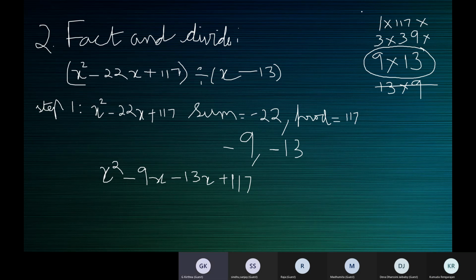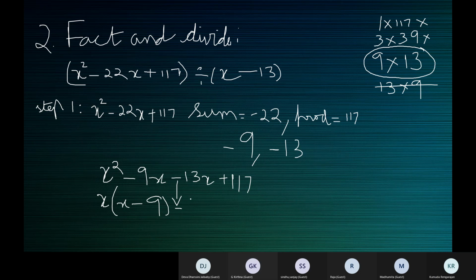Kirtana? x of x minus 9, ma'am. And then, not plus. This minus should come down as it is.